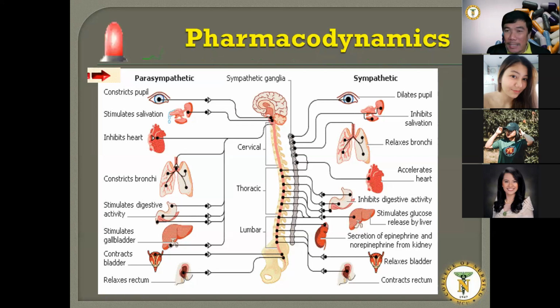And most anesthesias, except local, such as epidural, spinal, and general, are parasympathetic. So if the drug mimics the action of the parasympathetic, it's parasympathomimetic. What is the action? It inhibits the heart, and it constricts the bronchi.